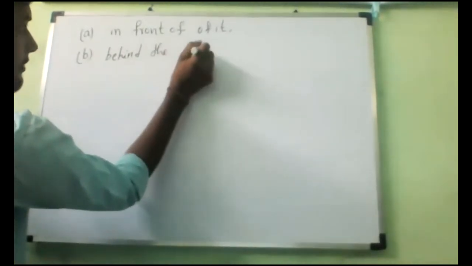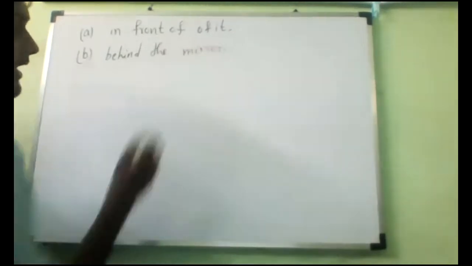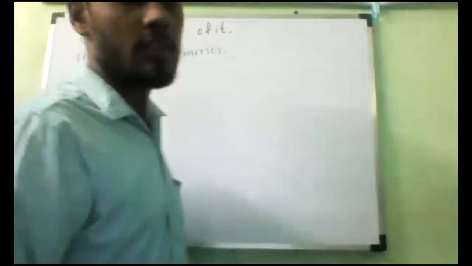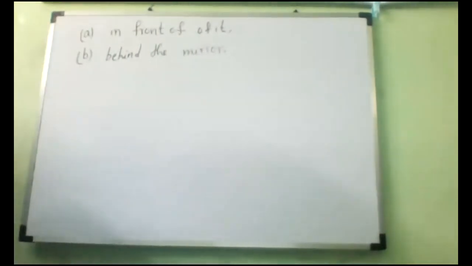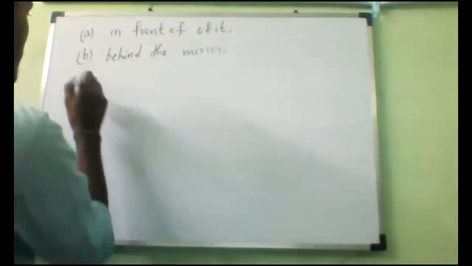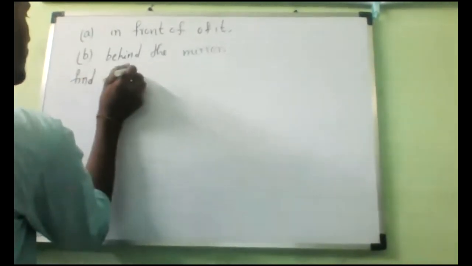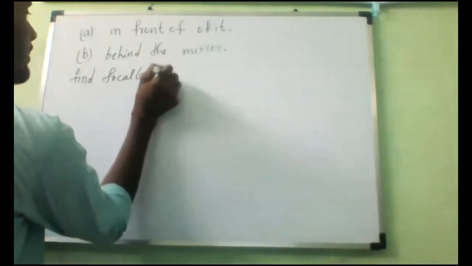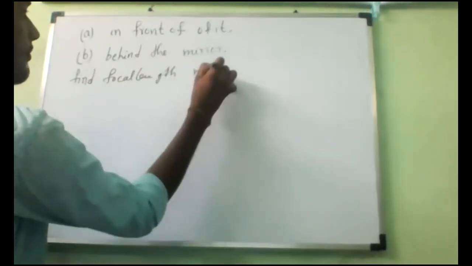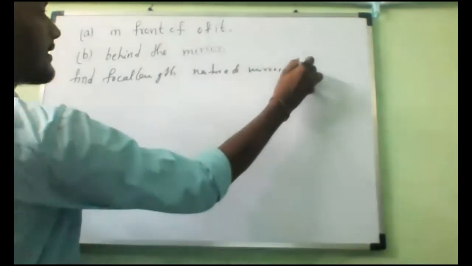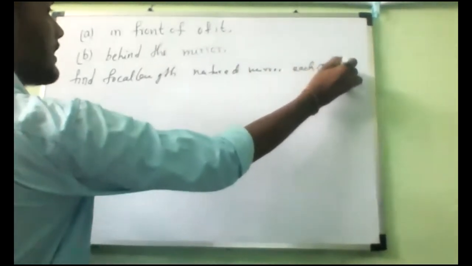One is in front of the mirror, the next is behind the mirror. Now find the focal length and nature of the mirror in each case.